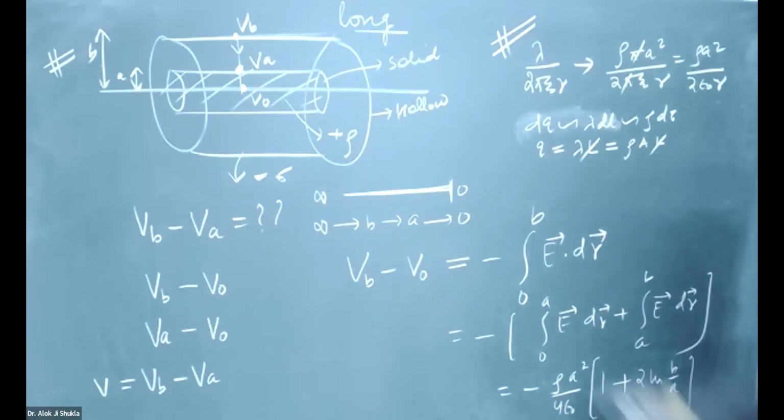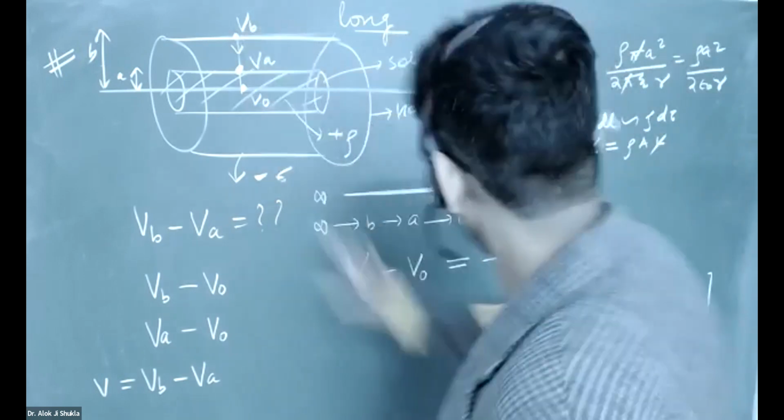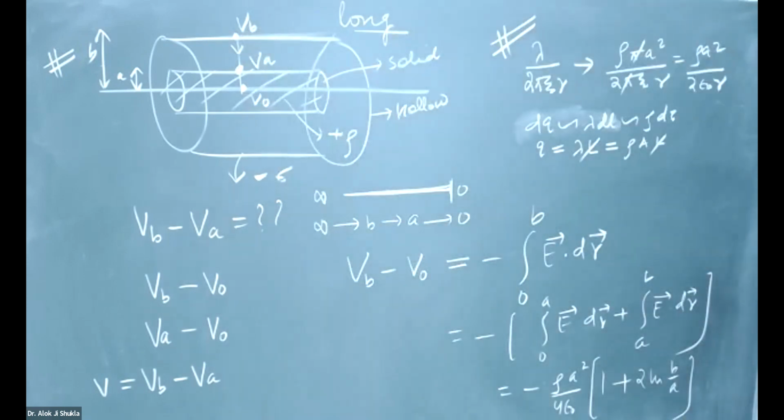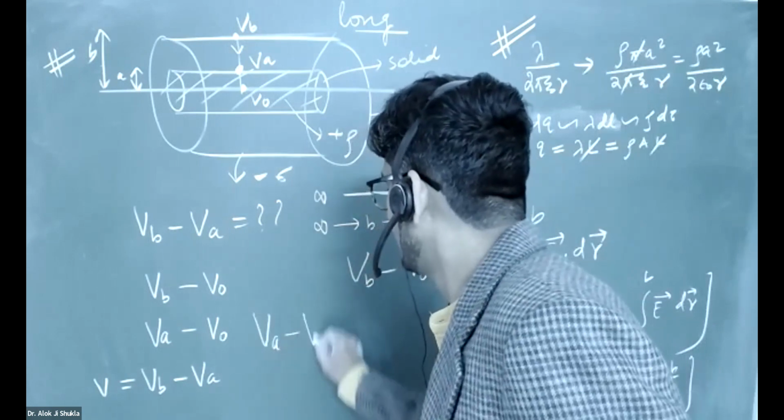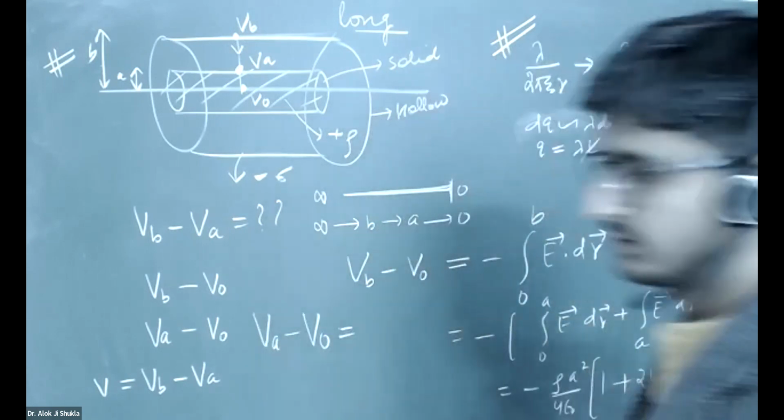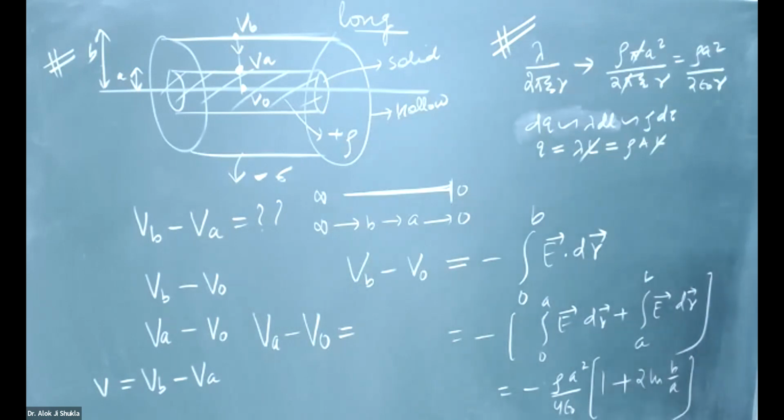तो अगर इन दोनों के बीच का पोटेंशियल डिफरेंस कहा जाए तो कितना है? और अगर A और 0 के बीच का कहा जाए तो पोटेंशियल डिफरेंस कितना होगा? What will be that?